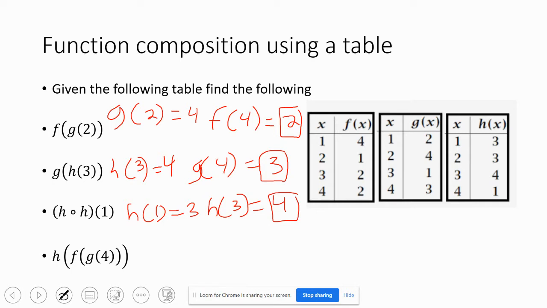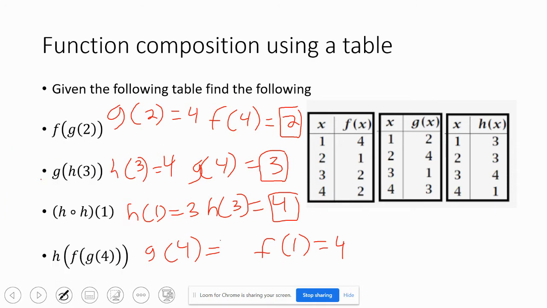And they can make it really complicated with nesting the compositions. That would mean you have a composition inside a composition inside a composition. So you start from the most inner, which would be g of 4. Sorry, I used the wrong function for a minute.